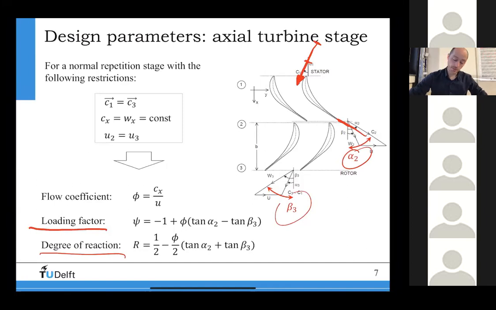On the other hand, if I change the velocity of the rotor, so the rotational speed of the rotor, which is this guy here, right? This has a certain velocity u, then probably this angle also will be unaffected. This angle here, the flow angle, will not be affected by the rotational speed. And then if I continue through the rotor and I hope that the flow will follow the rotor blade geometry, then I know that the outflow velocity of the rotor will also be this one here.